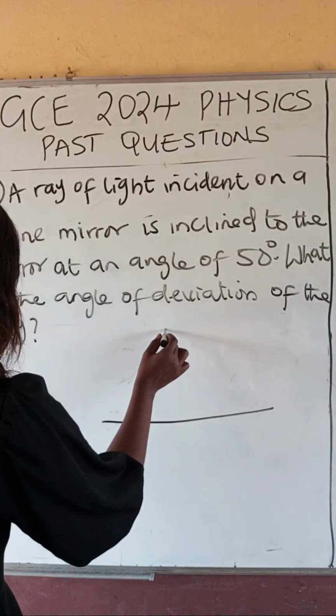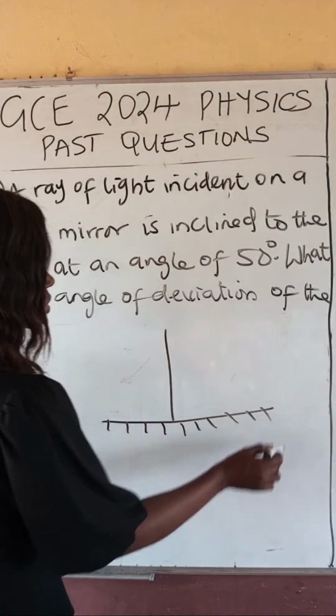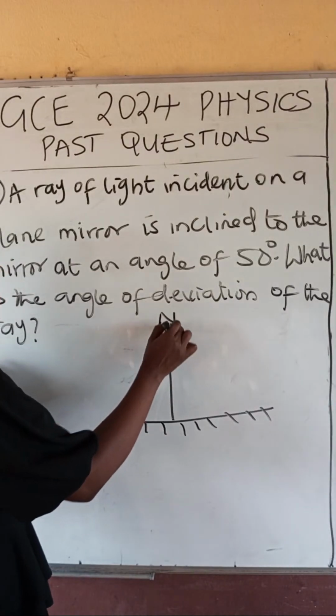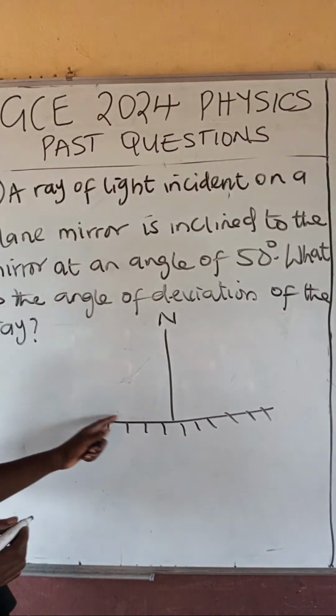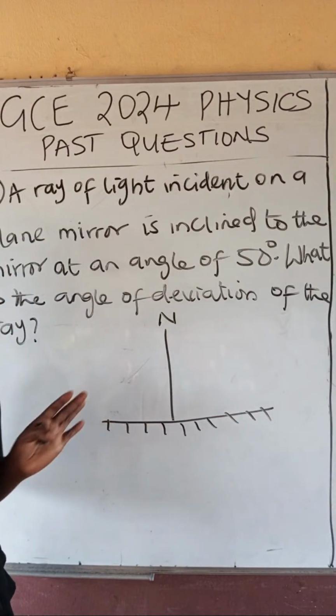Now, this line is what we call the normal. This line is perpendicular to the reflecting surface. This is the back of the mirror, while this is the reflecting surface, okay?